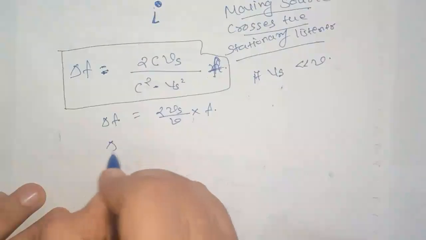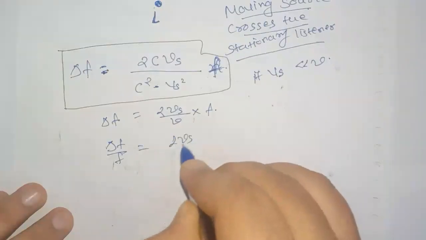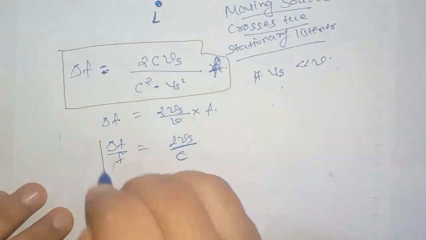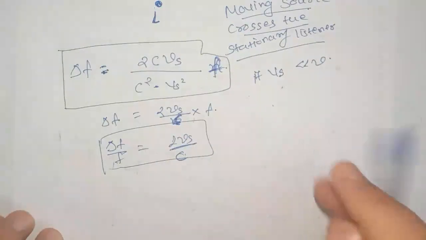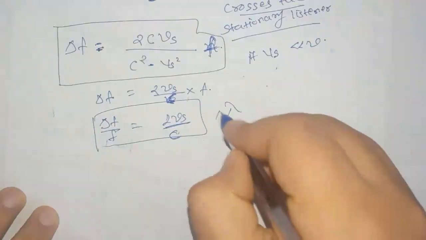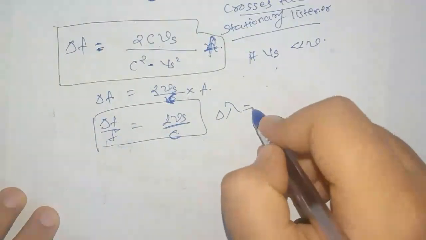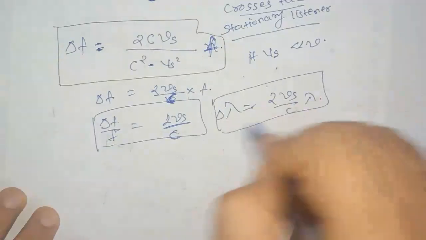So we can write delta F by f is equals to 2vs by c. And the change in wavelength delta lambda will be equal to 2vs by c into lambda.